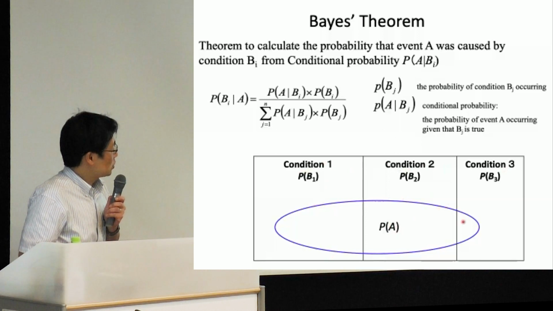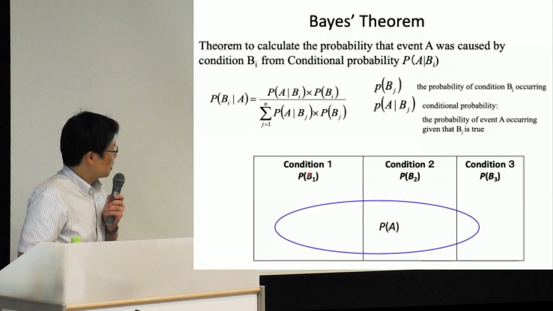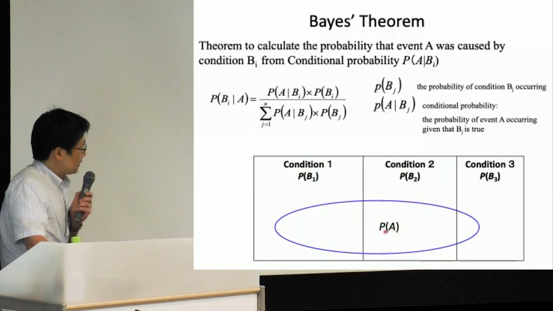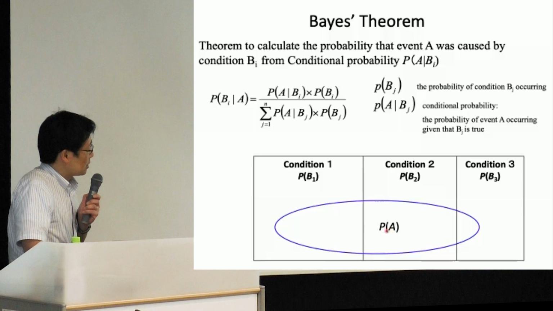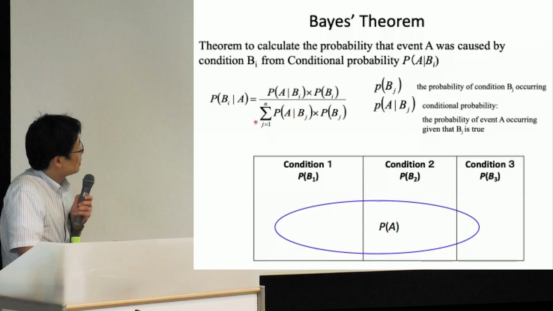And now we want to know the probability of condition 1 that causes event A.